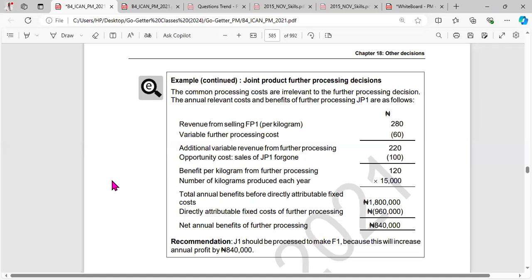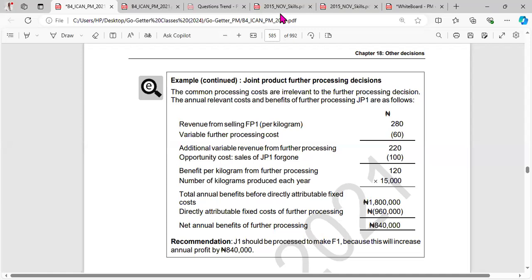If you cannot get a benefit from processing further, then do not process further. So that's it for that topic.